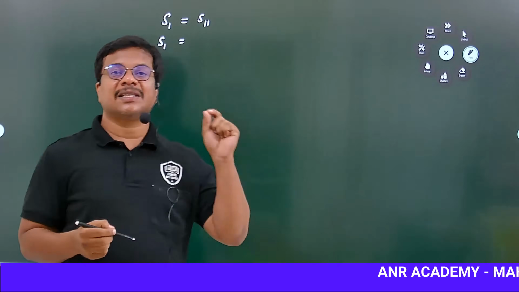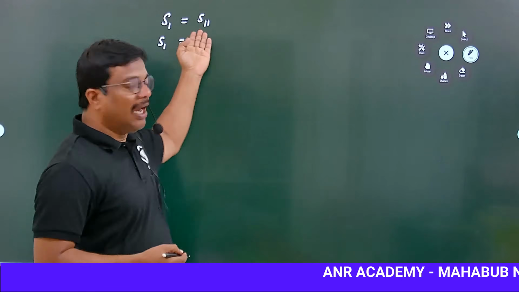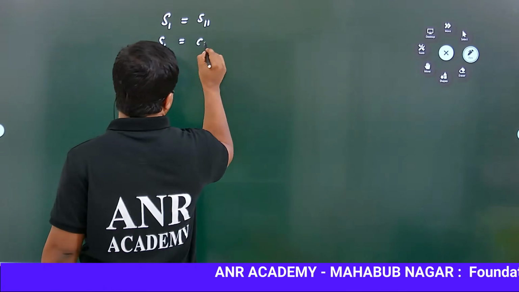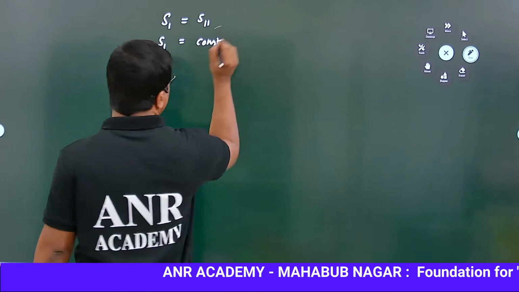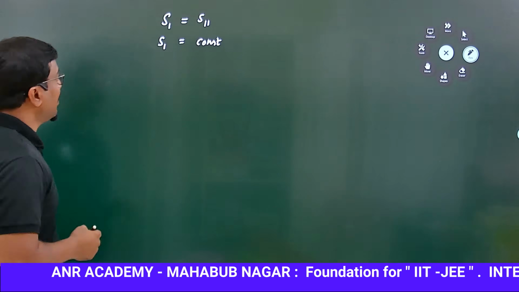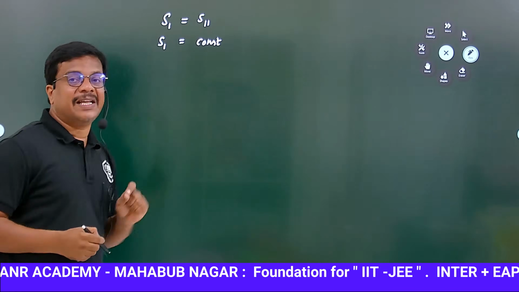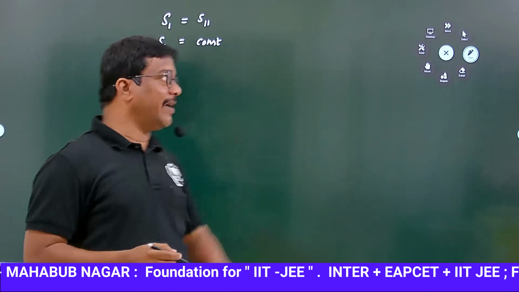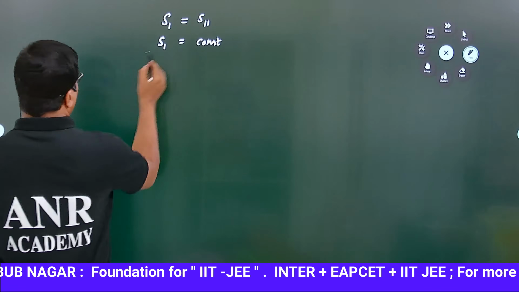Wherever x and y, there you have to write alpha comma beta, and the right hand side gives a constant result. On substituting, the right part gives a constant value, but left hand side S1 indicates a linear expression in terms of x and y. So S1 I am going to write.